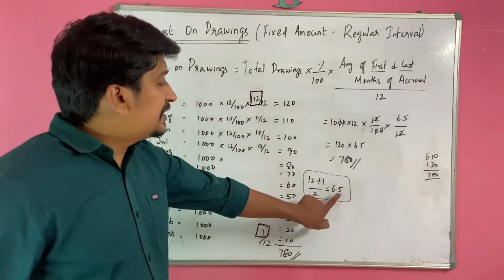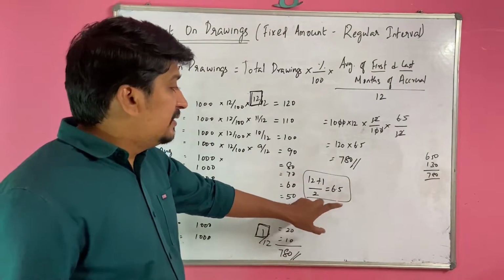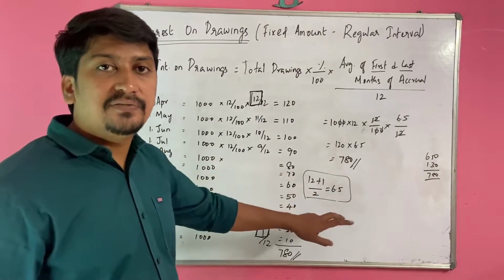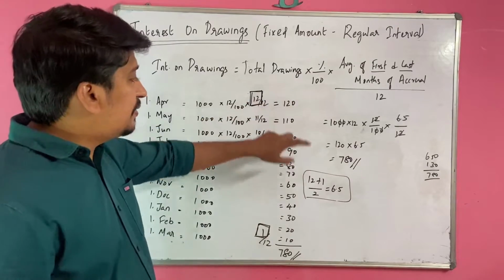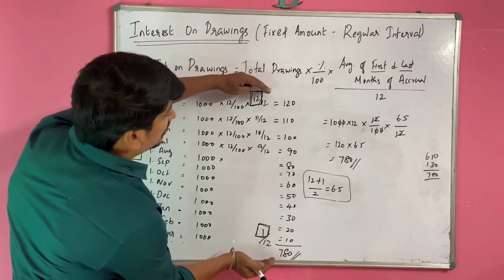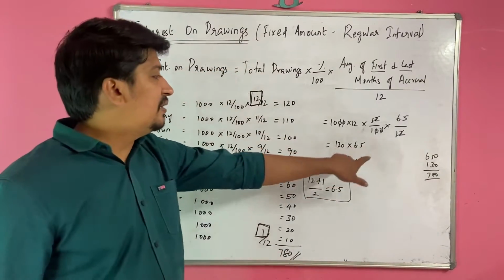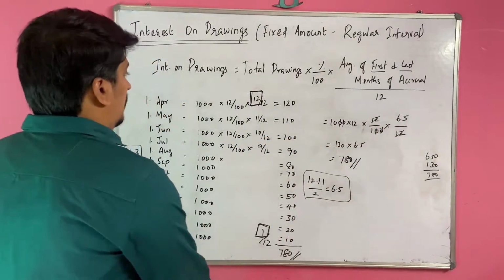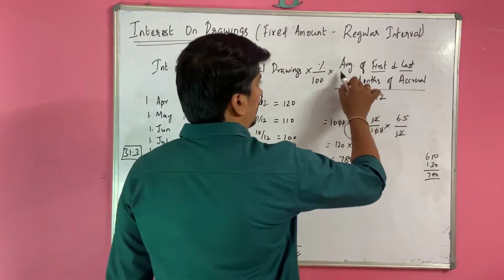So this 6.5 says that this person has to pay interest on total drawings for an average of 6.5 months. So that is the average of the entire months of accrual. See, we got the same answer. Clear? So this is the derivation for this one.